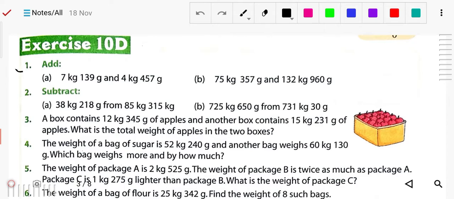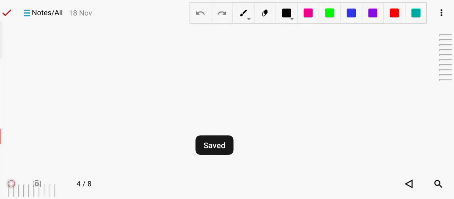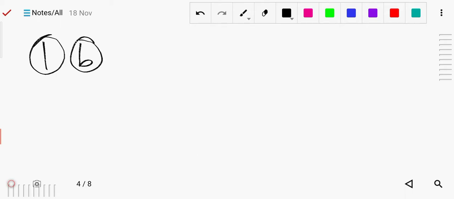Here number 1 is to add. I am going to solve number B. So let's solve number B. It is given 75 kg. First you write 75 kg there and write it separately, okay?